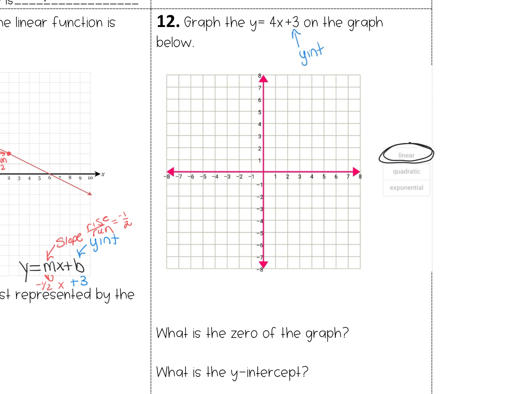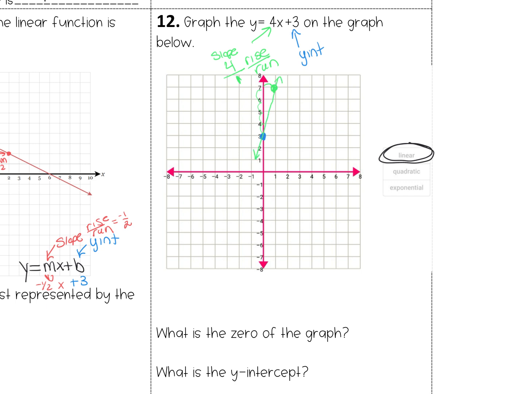So I would put a dot right here at 3. And then this is my slope. It's 4/1, and that's the rise over my run. So from this dot, I can go up 1, 2, 3, 4 over 1, and that's my new dot. And once you've done linear and plotted 2 dots, it'll automatically put this line down.